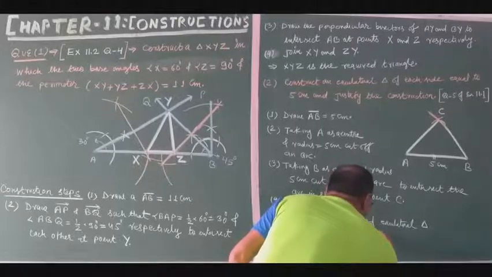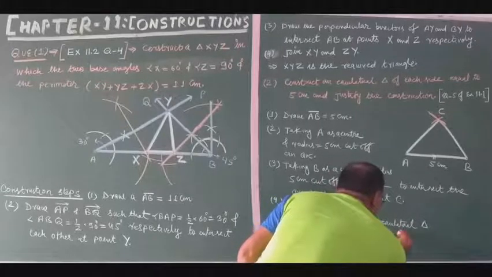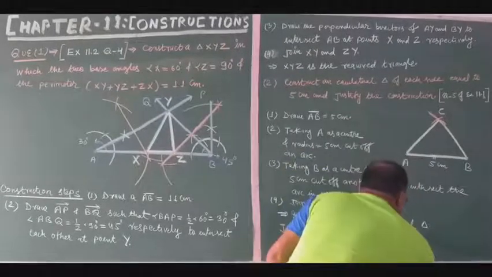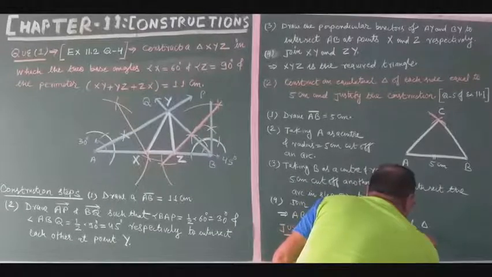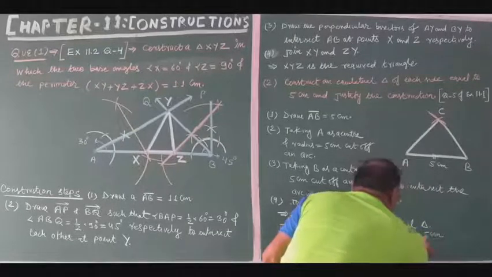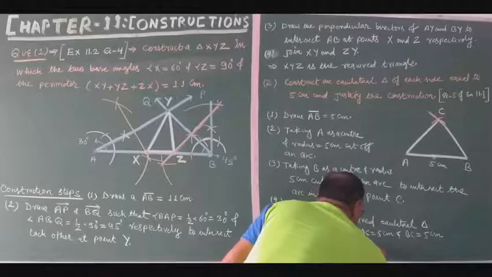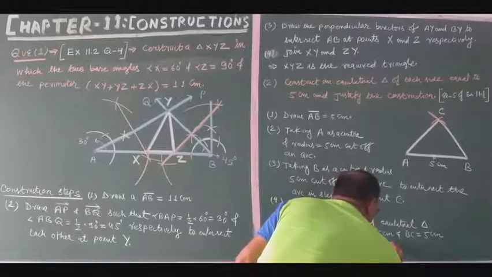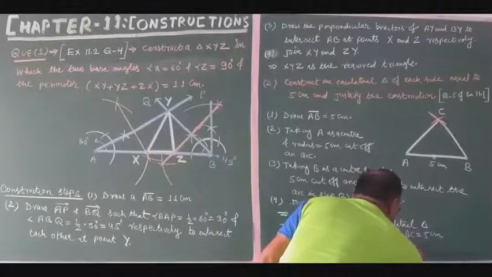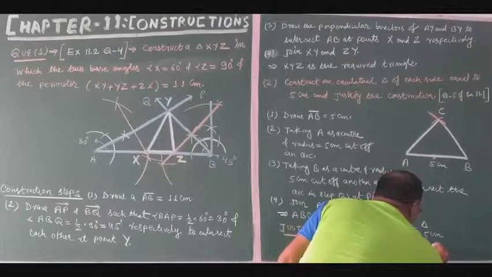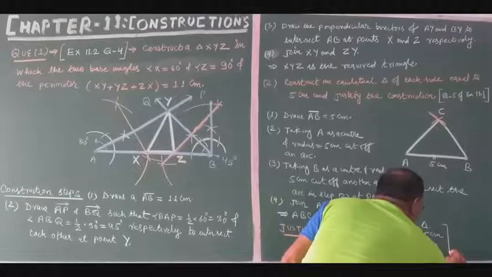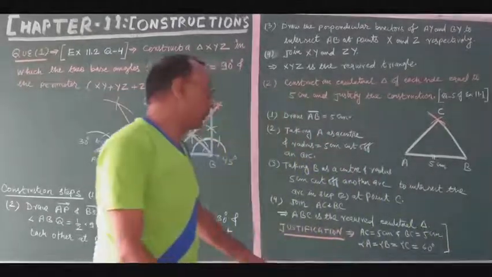AC will come 5 centimeter. BC will come also 5 centimeter. Angle A, angle B, and angle C will each come 60 degree.